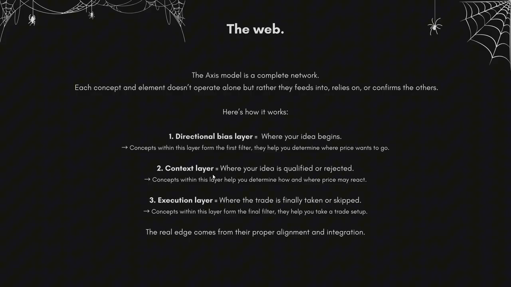But if the behavior isn't right, if the context isn't right, it isn't aligned with the directional bias layer, or the market conditions aren't right, which we will discuss in the later slides, then the idea gets rejected, and you do nothing. You wait patiently for either a proper context to be formed or you wait for the next day.